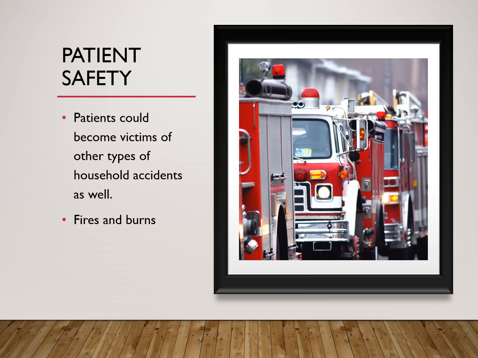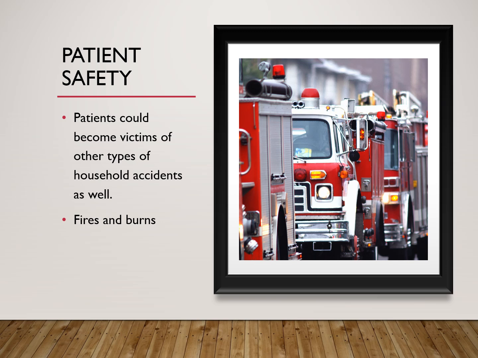So let's talk a little bit more about other types of household accidents. We've talked about fires, but there are also other types of accidents that could happen. So during a fire, a burn could be a possibility. Fires and burns cause great damage in the home, and death can come from smoke inhalation and asphyxiation.